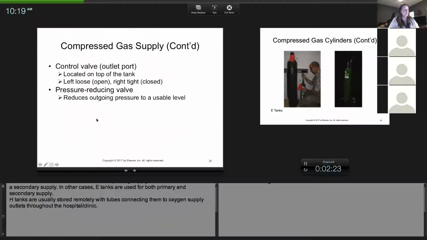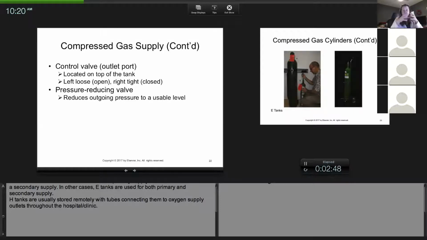You will have a control valve somewhere at the top. Remember, righty-tighty, lefty-loosey. If you turn it to the left, that opens up your oxygen. If you turn it to the right, that's going to turn off your oxygen. And then remember, somewhere right after the valve to open the oxygen, it's usually right next to it, there is going to be that pressure.